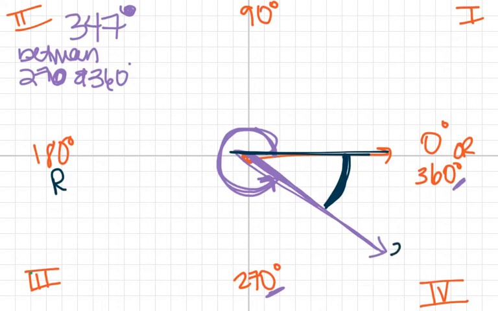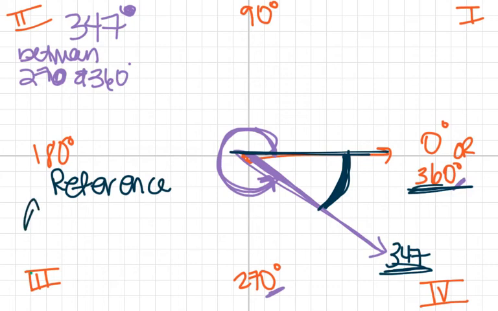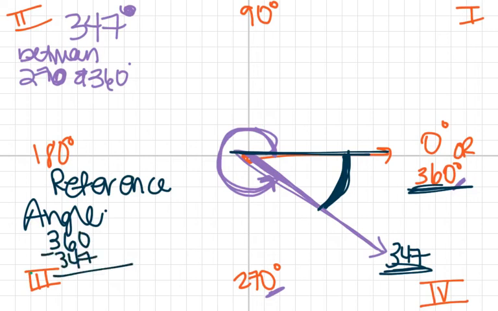That connects 347 with 360. We need to subtract those two numbers: 360 minus 347 gives us 13. So this angle here is 13, which means our reference angle is 13 degrees.